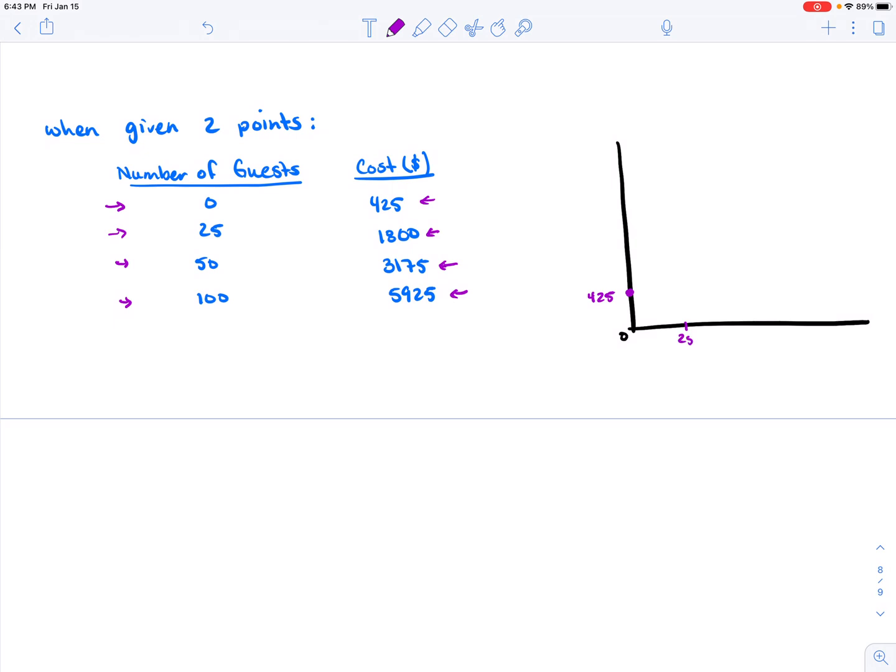For 25 guests, I have a fee of, let's say it's way up here, $1,800. For 50 guests, my fee is double that. It's going to be way off my graph. And for 100 guests, my fee is even further up. So I'm just going to plot these three, which aren't very accurate because my drawing is terrible.